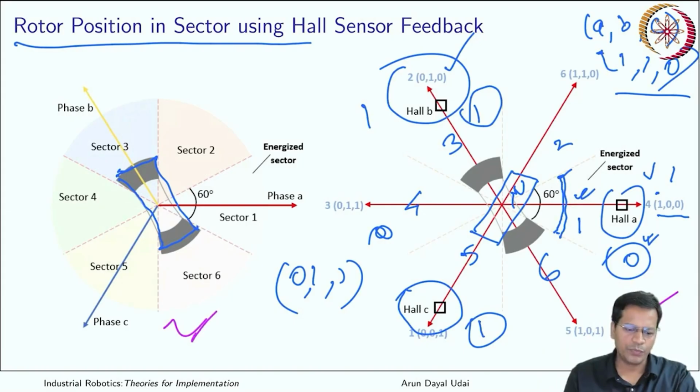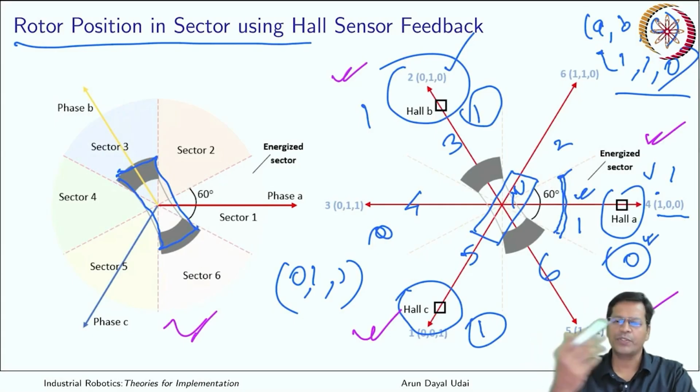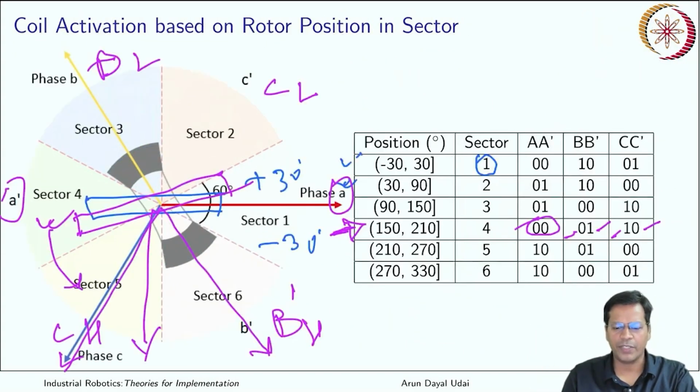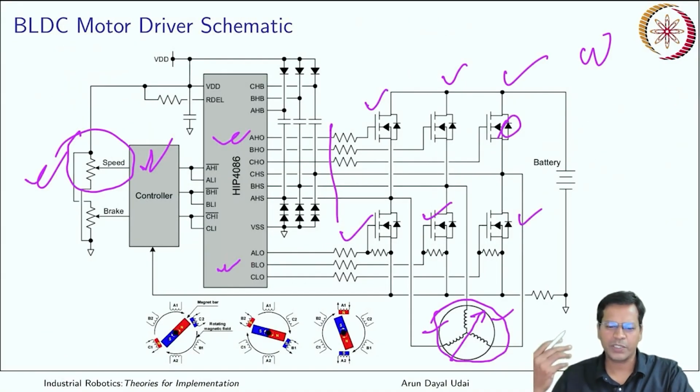Also, if you take analog reading from your Hall effect sensor, not that precisely, but you can get an estimate of where my rotor is. You can make a feedback control system to stop your rotor exactly at the place where you want to go. So you can also do position control based on these Hall effect sensors, but yes, they are very coarse in nature. They are not very precise.